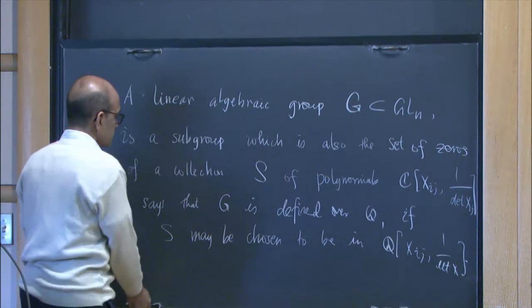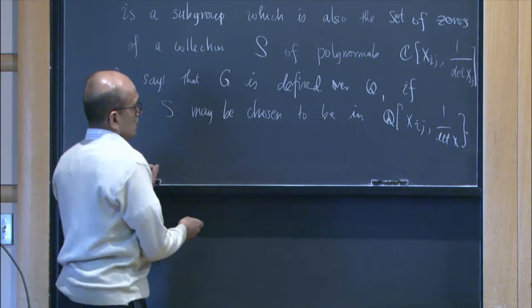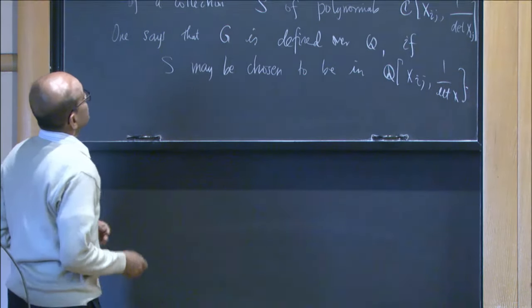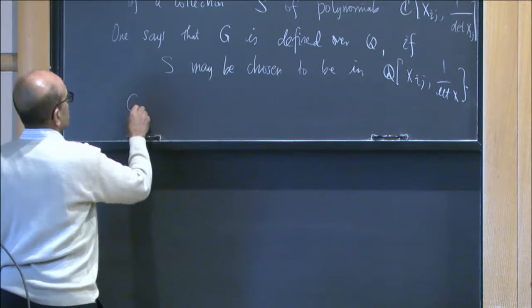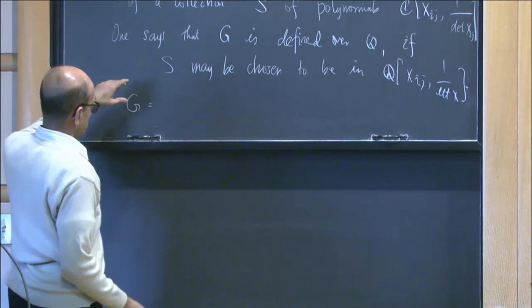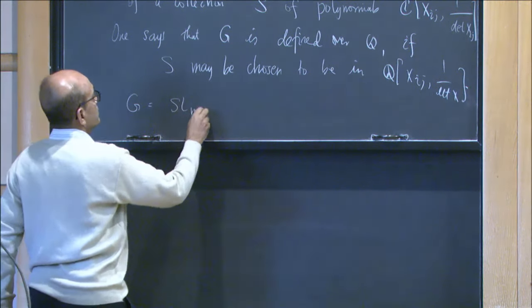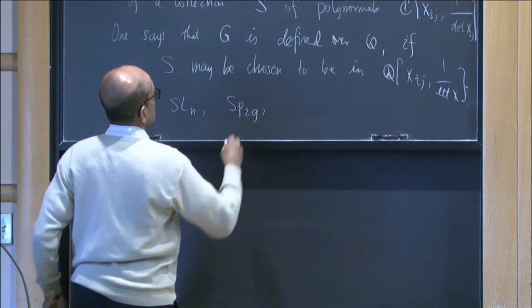So for example, the kind of groups which we will look at are SLN, Sp2g, and so on.